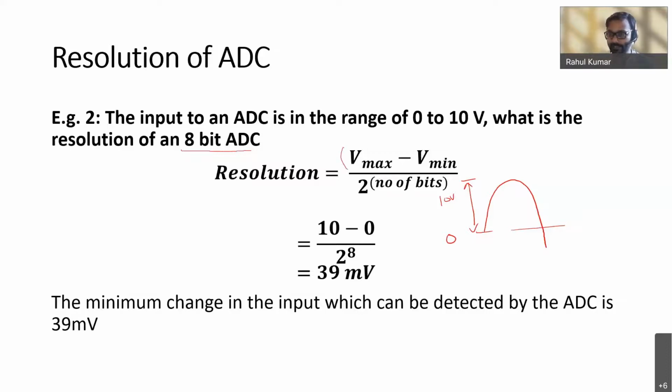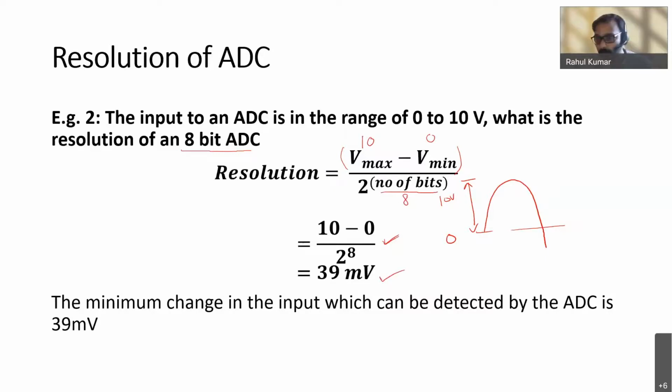Full scale range can be calculated by subtracting V minimum from Vmax. The maximum voltage which you are detecting is 10 volts and the minimum voltage is 0. This is an 8-bit ADC, so the number of bits will be 8. So you can write it as 10 minus 0 divided by 2 to the power 8. And if you calculate it, it would come out to be 39 millivolt.